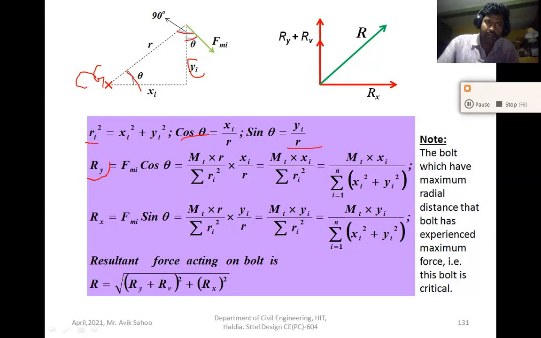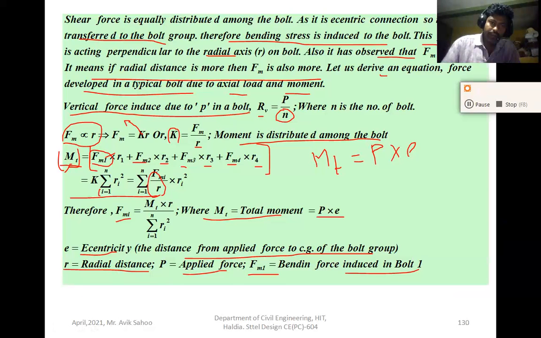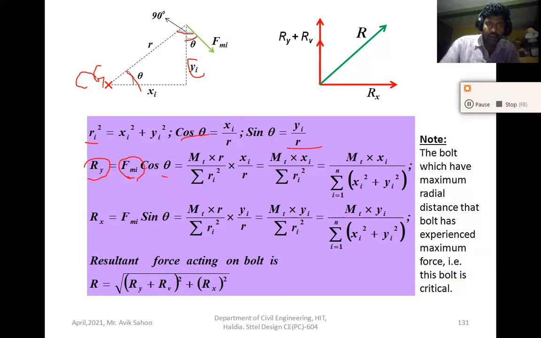So that's why the vertical component is Ry, Fmi cos theta. Fmi we already derived for a particular bolt. We derived the expression of Fmi in an earlier slide. So this is the expression of the bending force induced in a particular bolt. Now we put this expression into that equation, so we get Mt r by summation of ri square into xi by r.